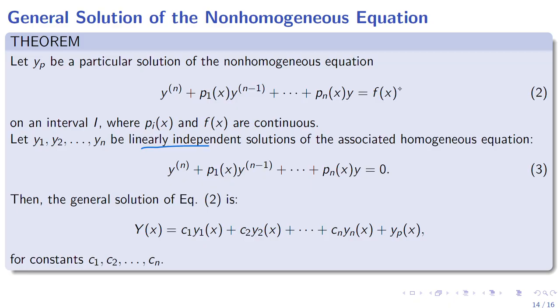Then the general solution of this non-homogeneous equation, equation 2, is a linear combination of the linearly independent solutions of the homogeneous equation, which is this part, also called yc, the complementary solution, plus the particular solution of the non-homogeneous equation.